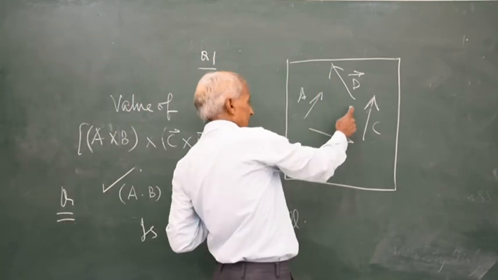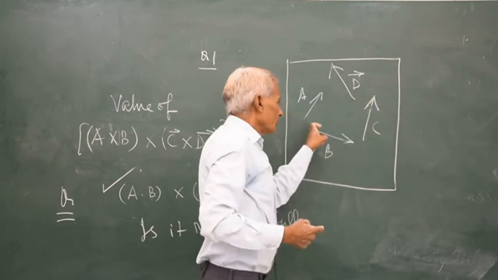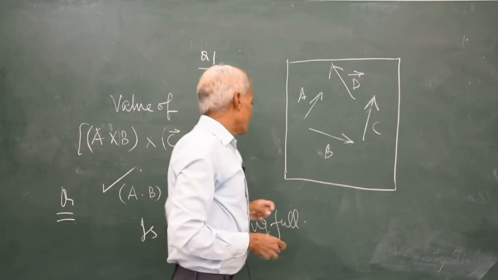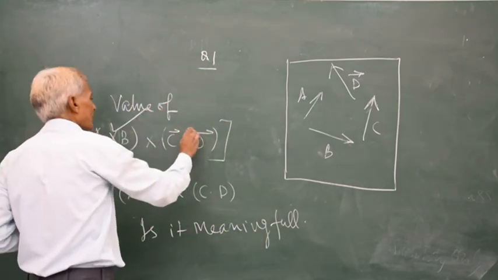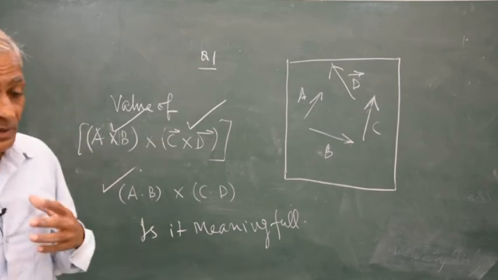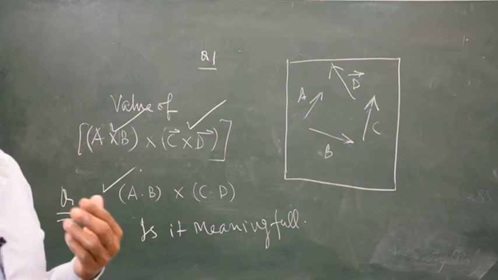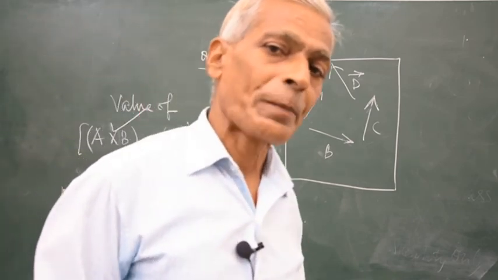So similarly, C cross D is also in this direction and A cross B is also in this direction. So these 2 vectors are parallel vectors. When vectors are parallel, what is the angle between them? Either it is 0 or it is pi.